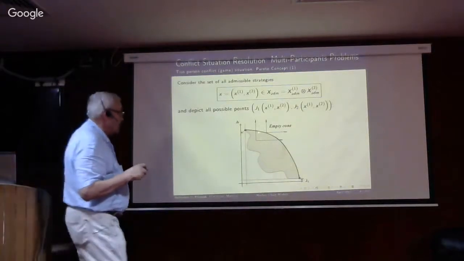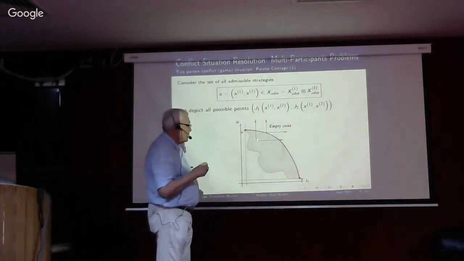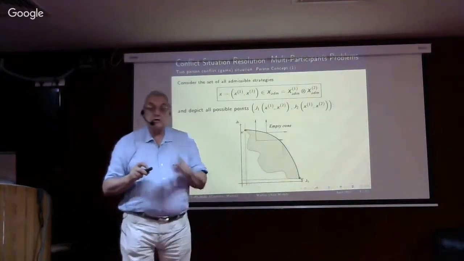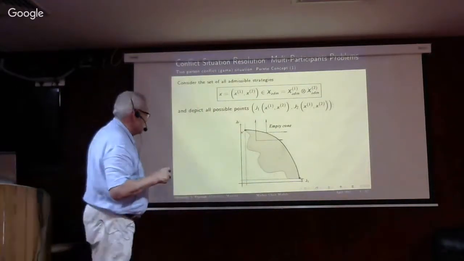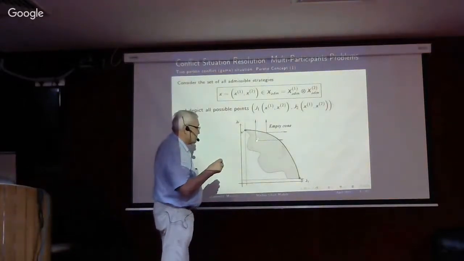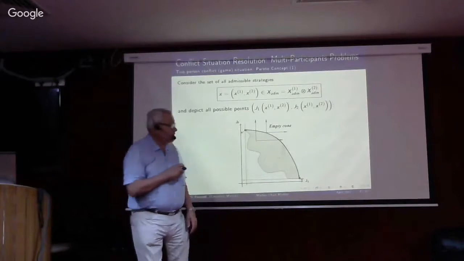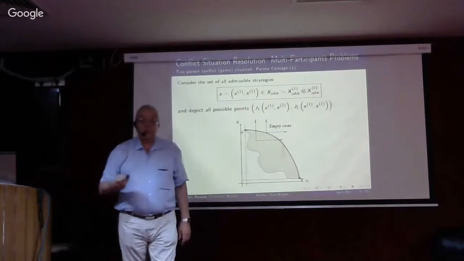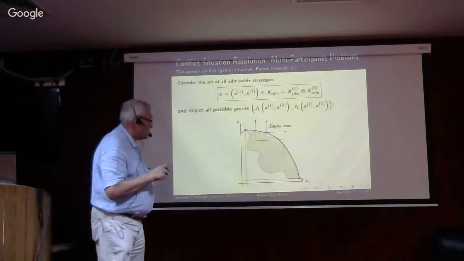Now look here. Let's take this internal point. This point, in some sense, can be improved. There exists a strategy where both participants will improve. Why? Because this cone, look, this set is not empty. Any point here is better than this point. So if this cone is not empty, this strategy is improvable, and improvable for both participants. But look at the boundary.